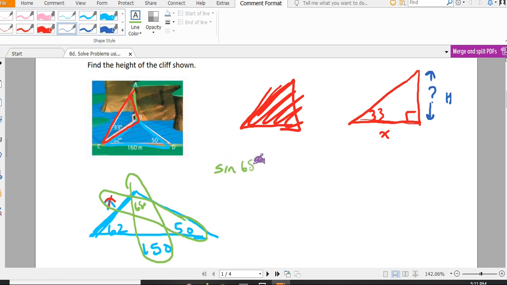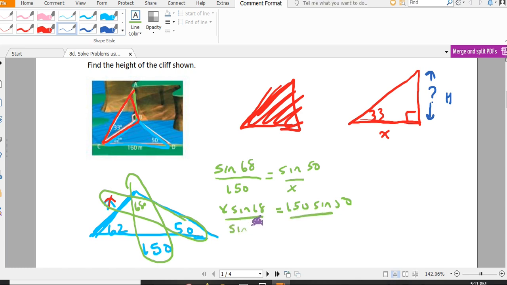So sine of 68 over 150 is equal to sine of 50 over x. Okay. Again, cross multiply. x sine 68 equals 150 times sine 50. Divide both sides by sine of 68.